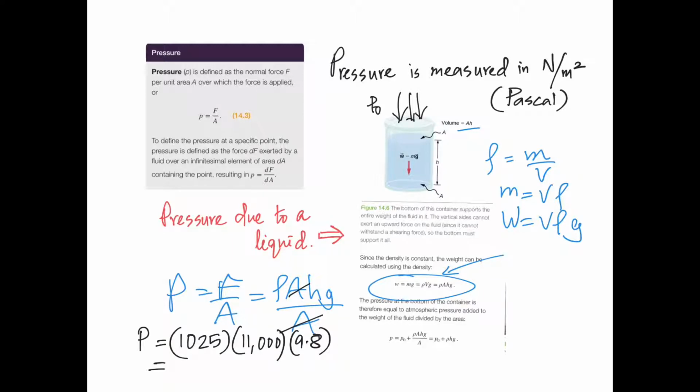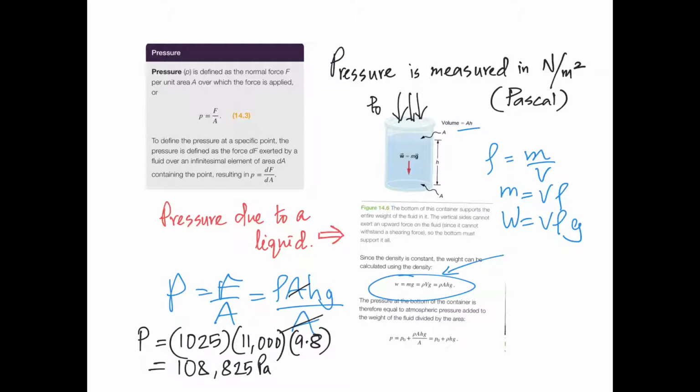This would give you 108,825 pascals. That is the pressure just due to the liquid column alone.